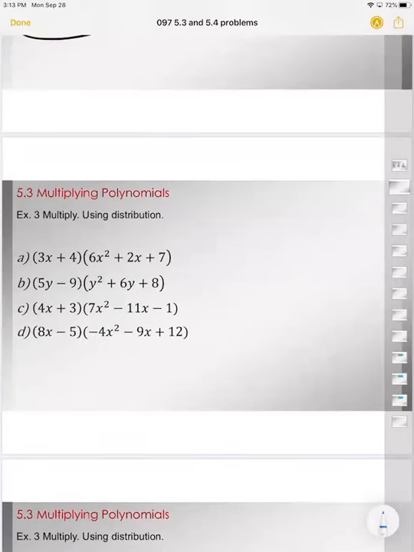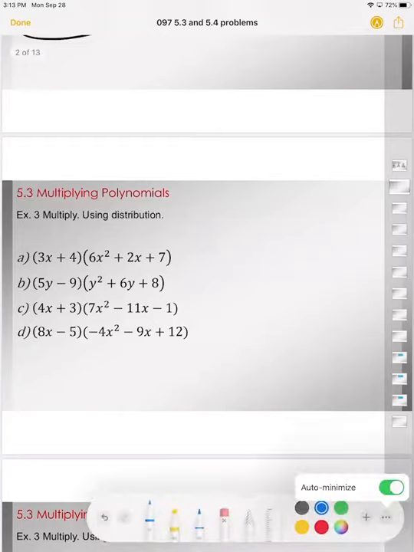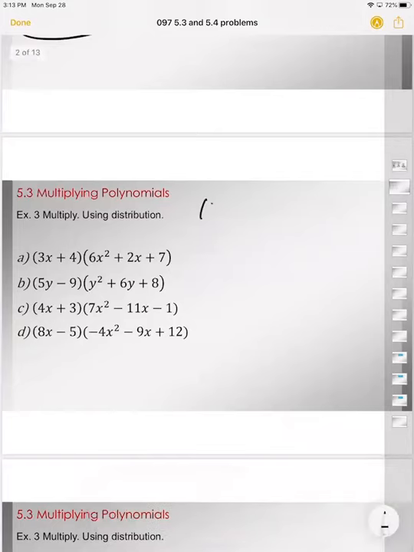So let's take a look at A, and we work our way through. If we have A, we have 3x plus 4 times 6x squared plus 2x plus 7.